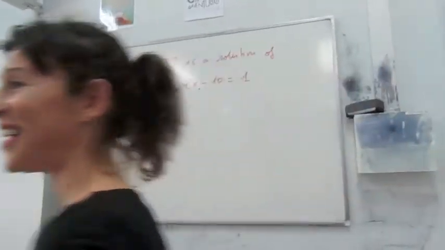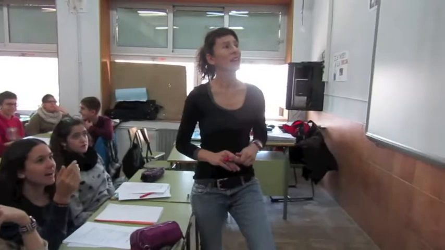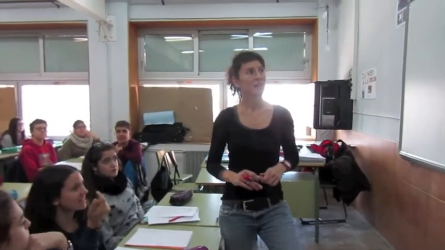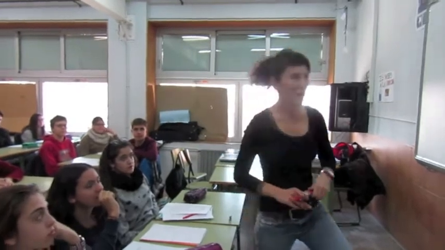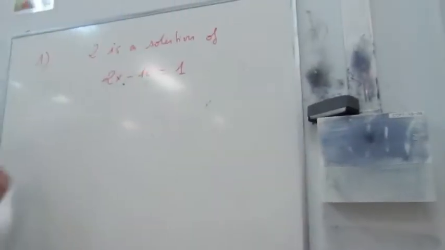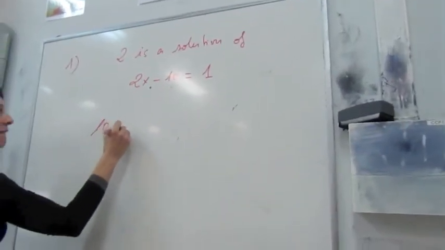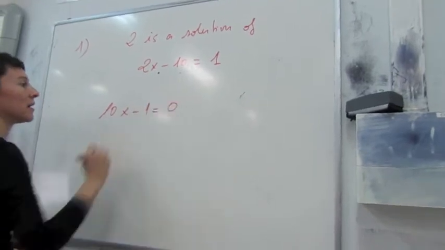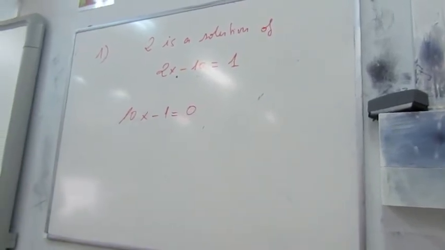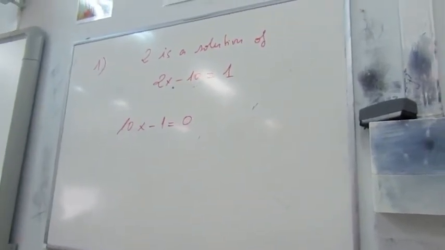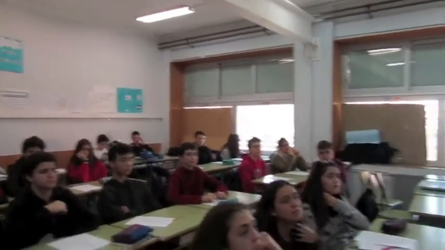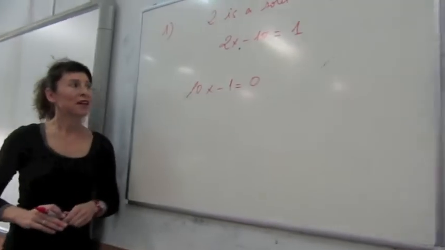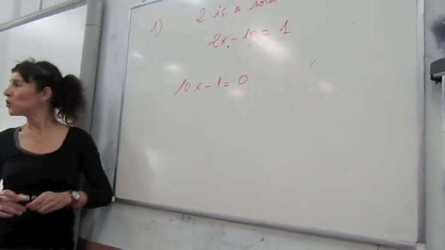Because if you multiply 2 by 2 and you subtract 10, it's not 1. Minus 10, the solution is not 1. Okay, and what about this equation? Is 0 a solution to this equation? No, it isn't. And what do you think about solving this equation?